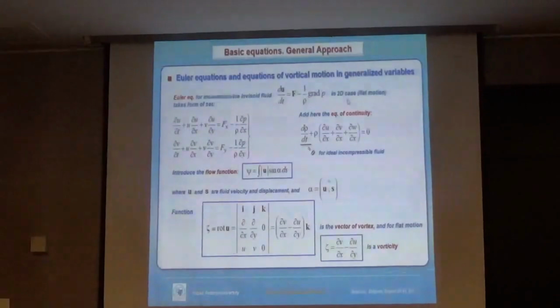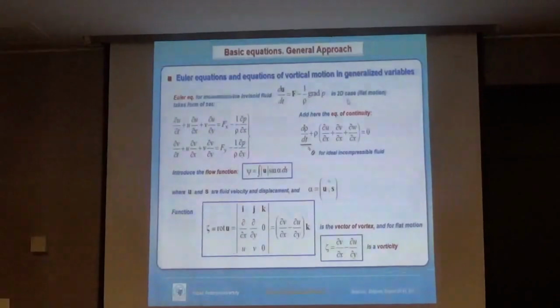Introduce the flow function, where U and S are fluid velocity and displacement. And we can write the function zeta, which has the sense of the vector of vortex, and for flat motion it is the vorticity.